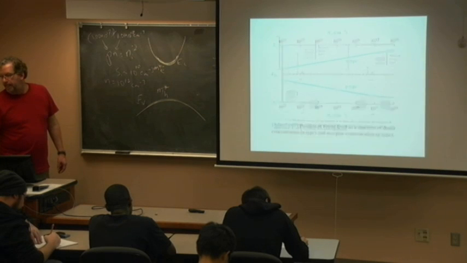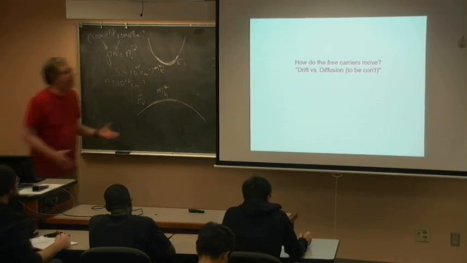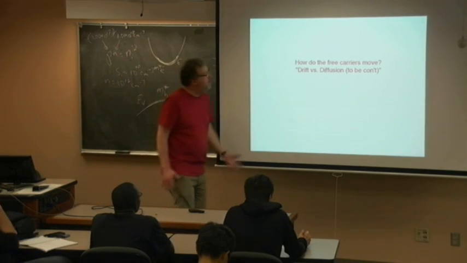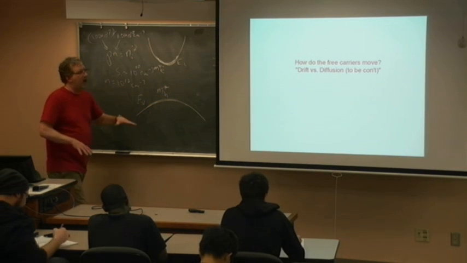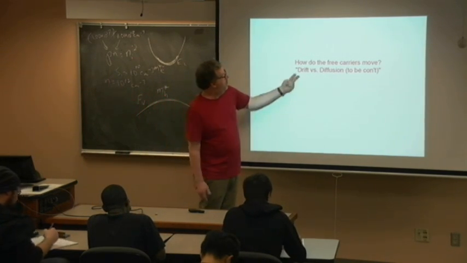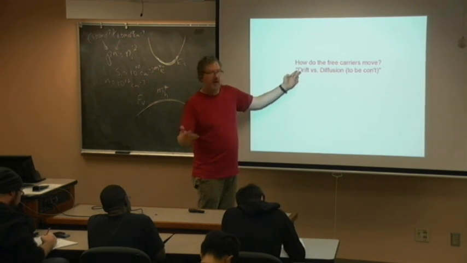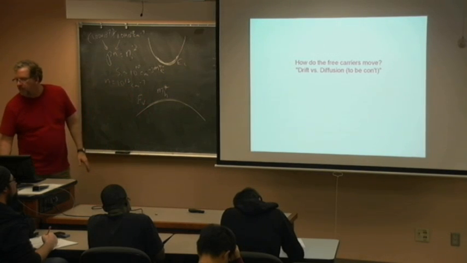How do they move? So then that's kind of the final installment. Once I have created these free carriers, I need to make them move around. And so as we make these devices, they're going to move by two stimuli, drift or diffusion. Drift is the electric field, diffusion is the concentration gradient. That's what makes them move.